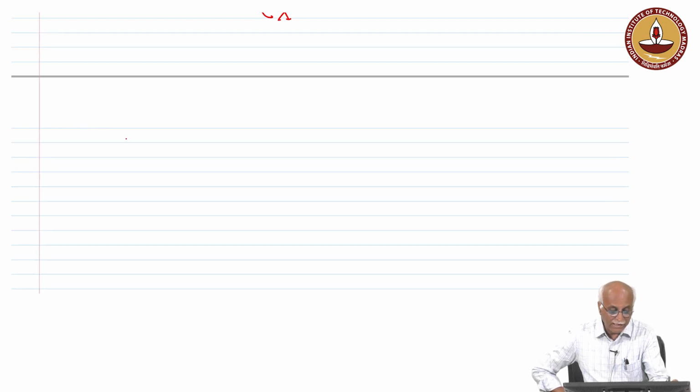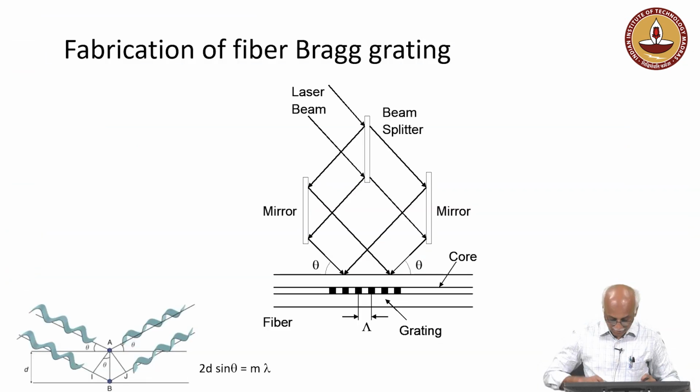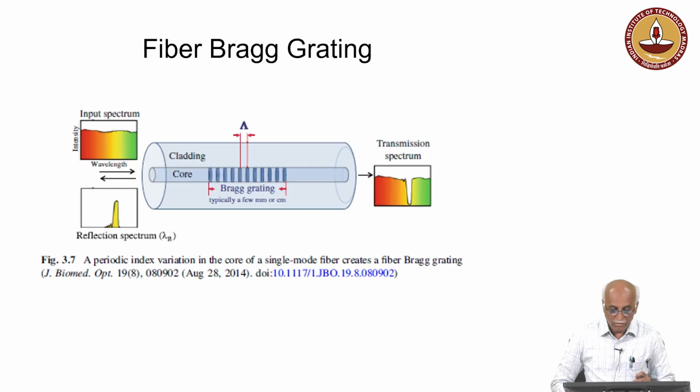So, a fiber Bragg grating, as you can understand, allows part of the light to be transmitted, while some wavelengths will get reflected. The wavelength which will get reflected is decided based on the grating period.